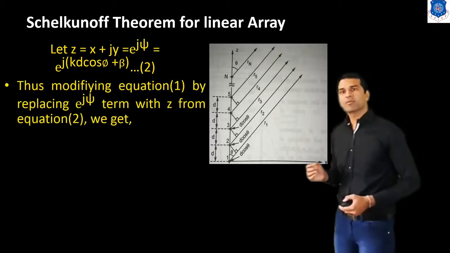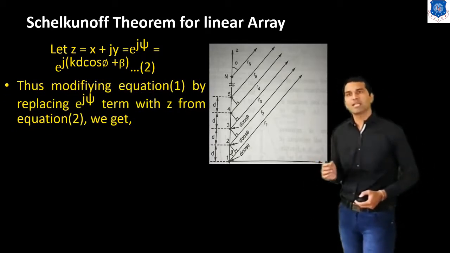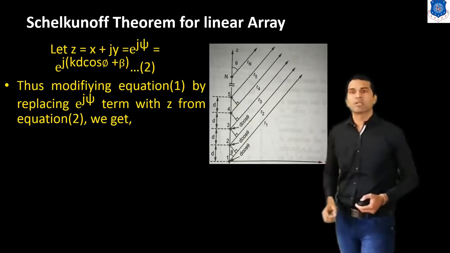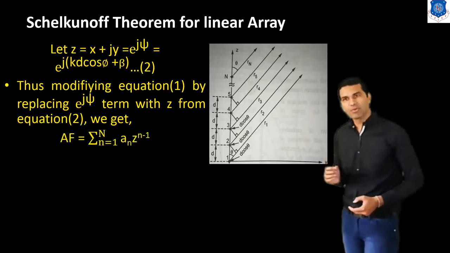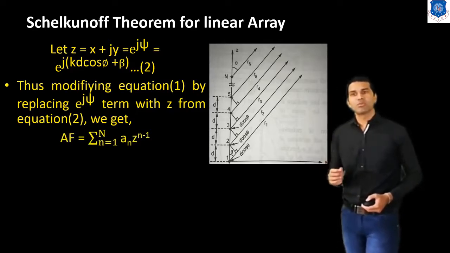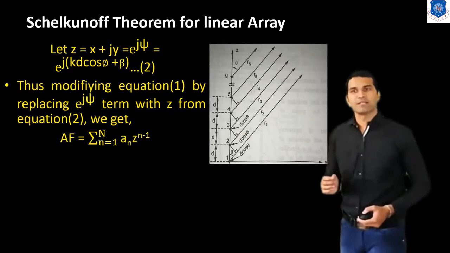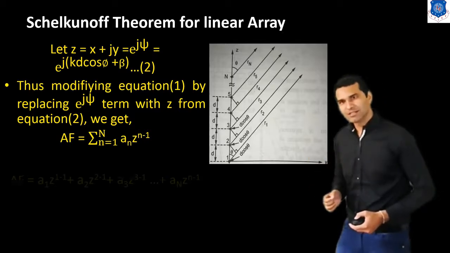Thus, modifying equation 1 by replacing the e raised to j psi term with z, in equation 2 we get AF equals sigma n equals 1 to n, a_n z raised to n minus 1.